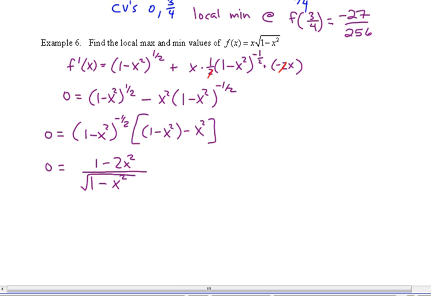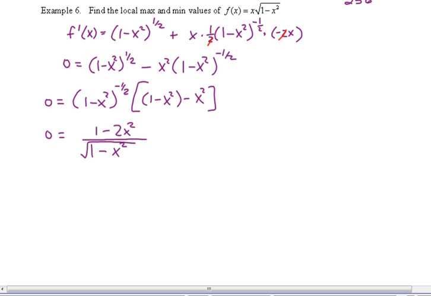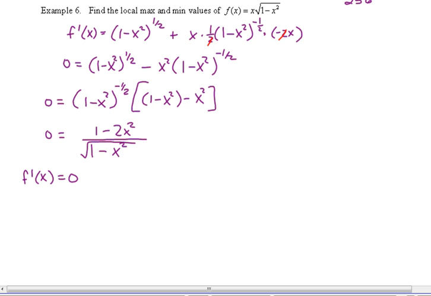Okay, so there's two places that we have critical values. The first is our numerator. So when our derivative equals 0 is when 1 minus 2x squared equals 0.